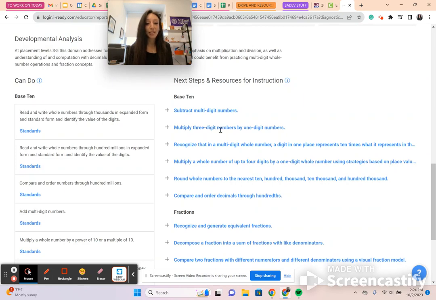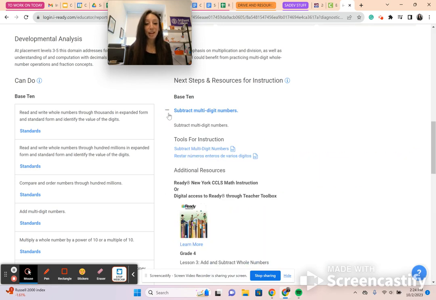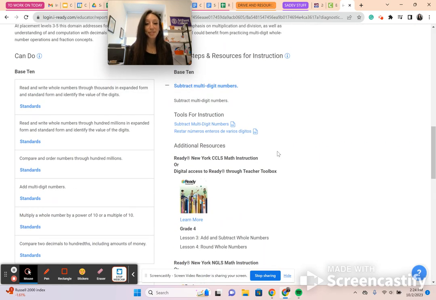So subtracting, multiplying, taking a look at rounding and comparing and ordering decimals through hundreds is basically a list in order of how they could show up for Angel in my path, but also just in a logical order of how to use these resources in instruction.